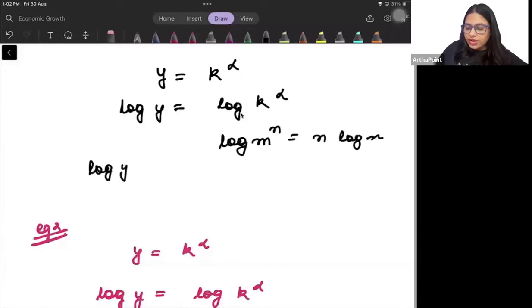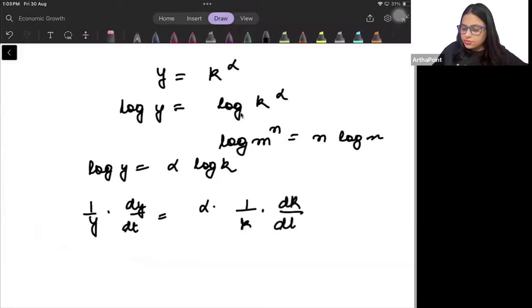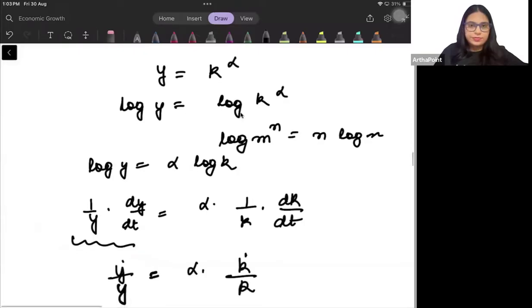So log y will be alpha log k. And what will we get from here? Well, we will get 1 by y dy by dt is equal to alpha 1 by k dk by dt. So this is nothing but y dot by y is equal to alpha k dot by k.